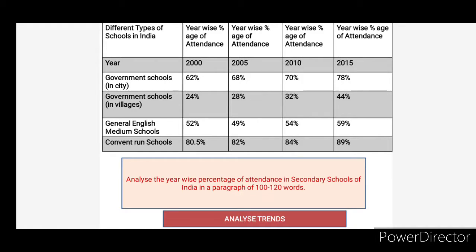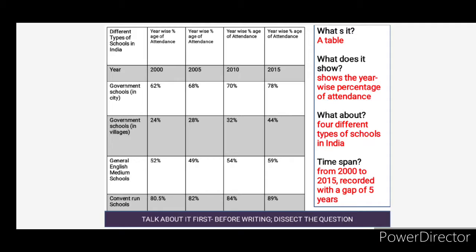But what is the first thing that you all need to do? You need to think about it first. You need to talk about it first. So when you are in the class, you can always discuss with your classmates before writing. Just think about it, talk about it, dissect the question, and then write.